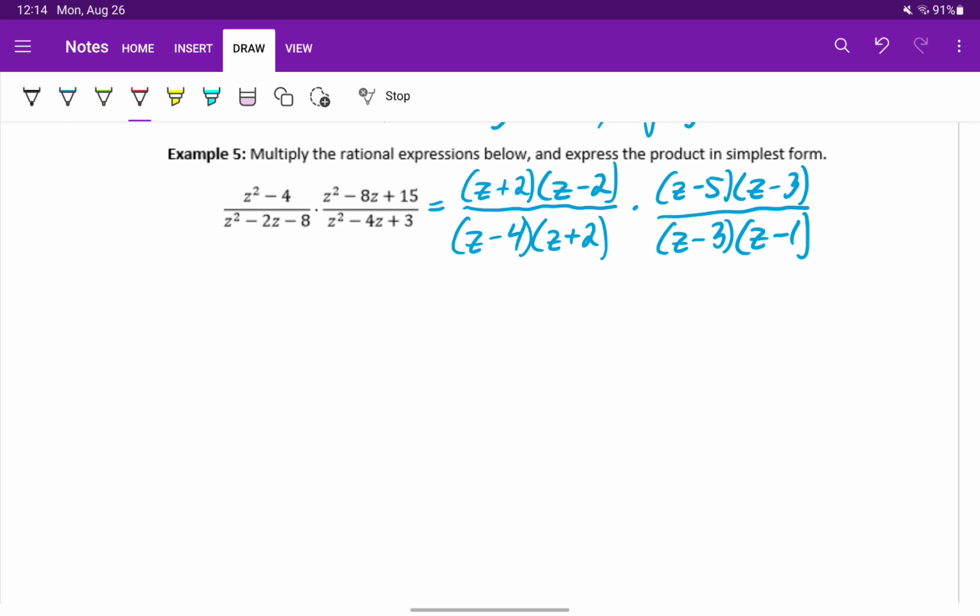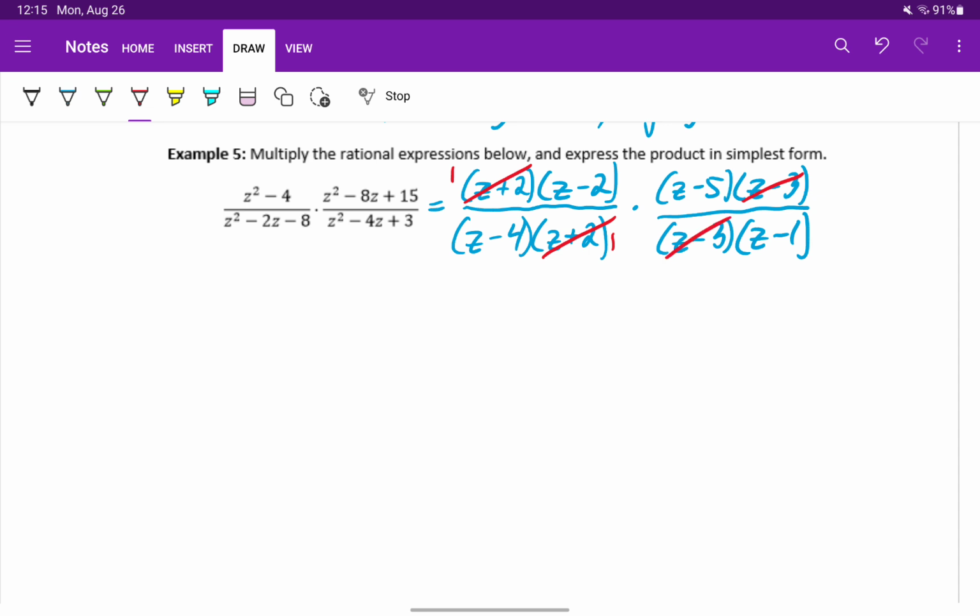Once we've successfully factored each polynomial expression, now we can look for any factors that are the same in both the numerator and denominator and cancel those factors. For instance, we have z plus 2 divided by z plus 2. Those will cancel out, each leaving us with a 1, since any value divided by itself is just 1.